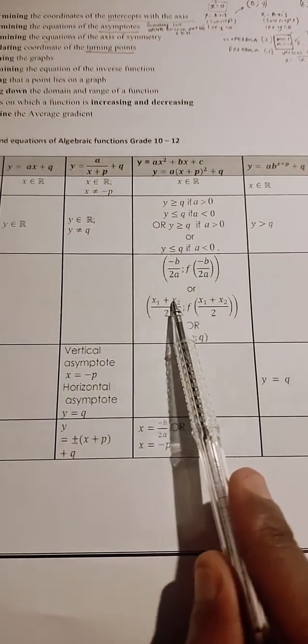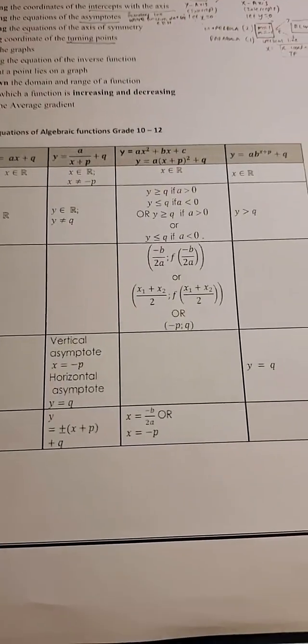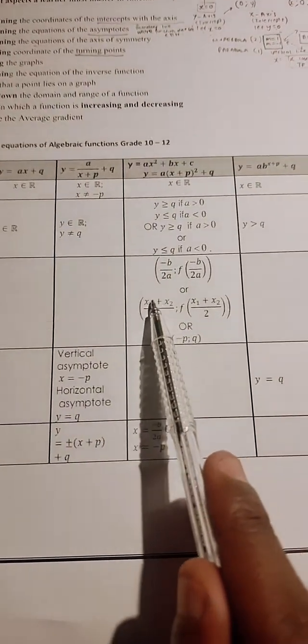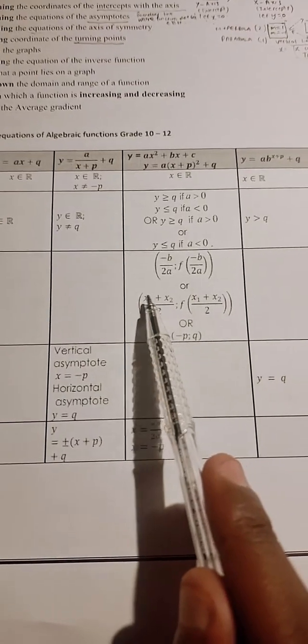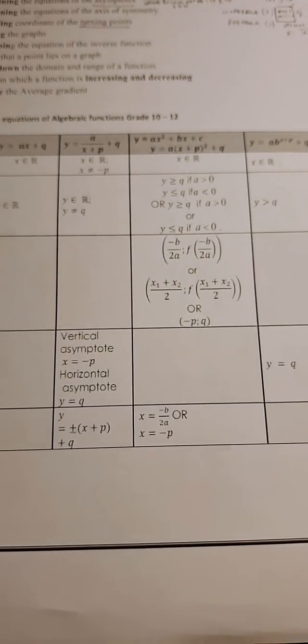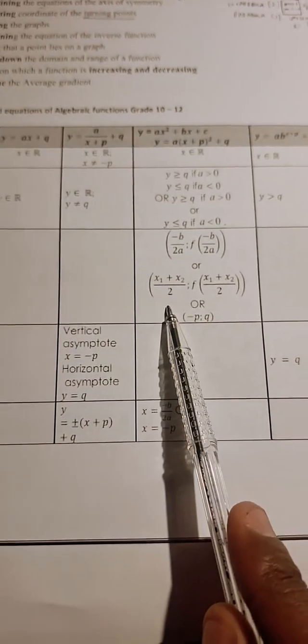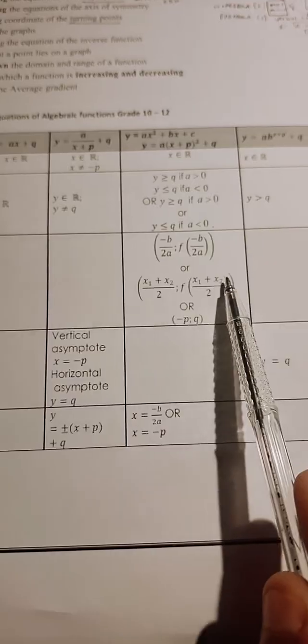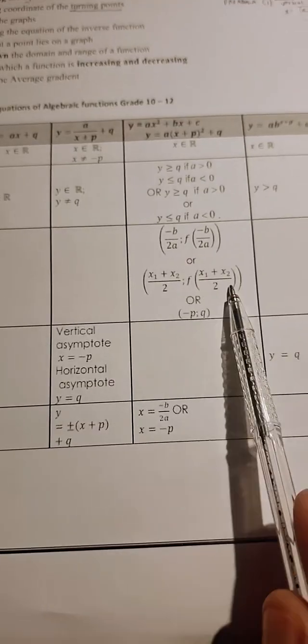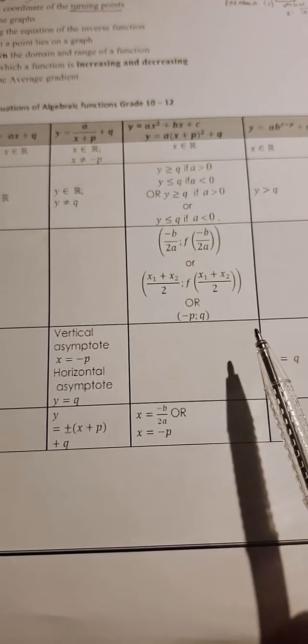It is midway between your x-intercepts, or midway between the same y values on the same horizontal line on your function. You can always take those two x values, add them together, and divide by 2. Then substitute that x value into the function so that you can get the corresponding y value.